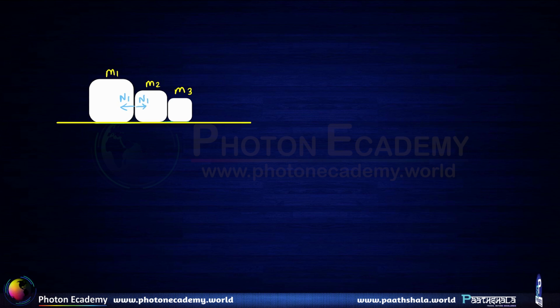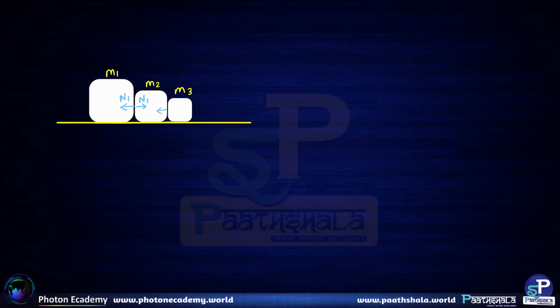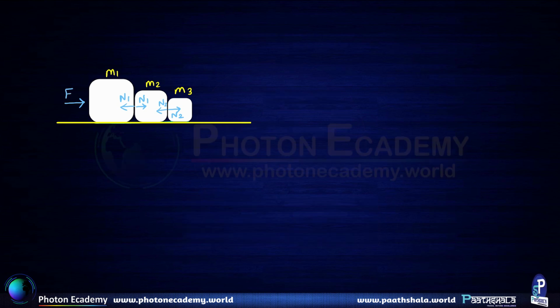So N1 is acting on the block M1 as well as on the block M2, and the force, let us say N2 over here, which is acting in between the blocks 2 and 3. And of course there has to be an externally applied force F, otherwise these blocks will not move. There is no friction anywhere over here.